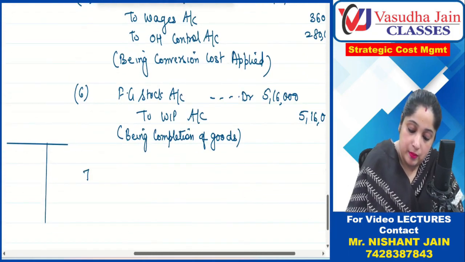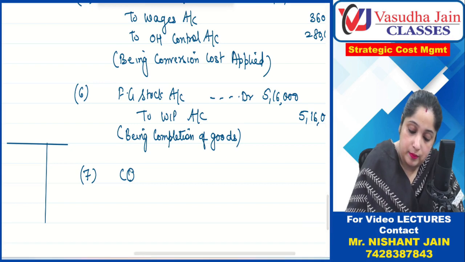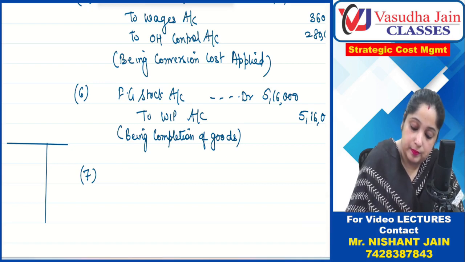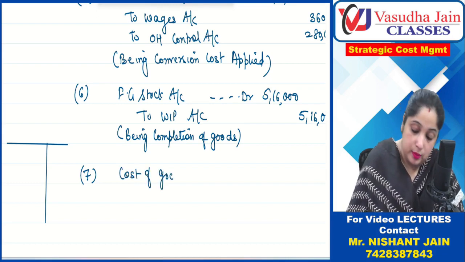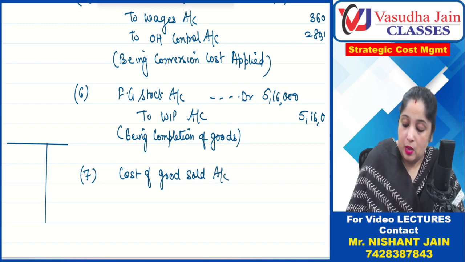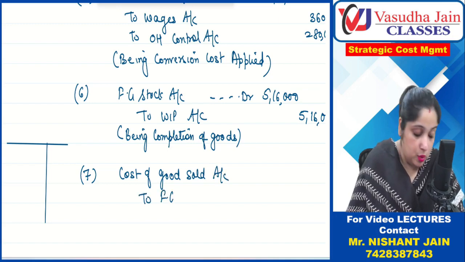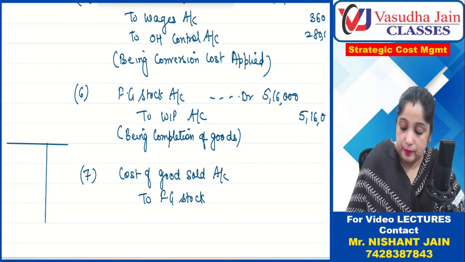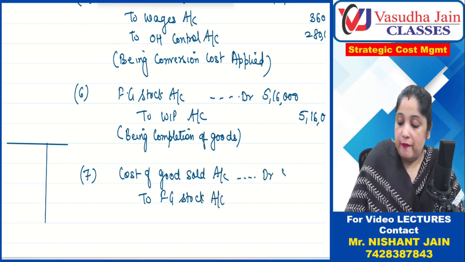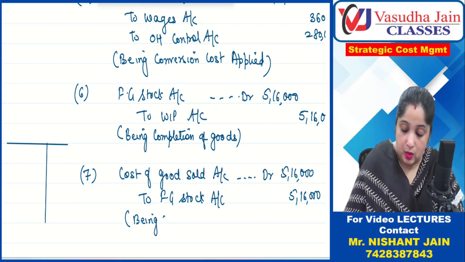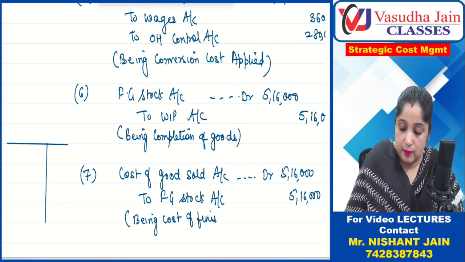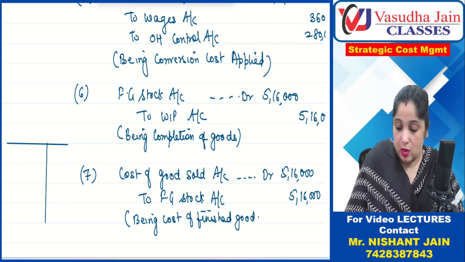Seventh entry: cost of goods sold account, to finished goods stock account, debited 5,16,000, being cost of finished goods sold transferred.